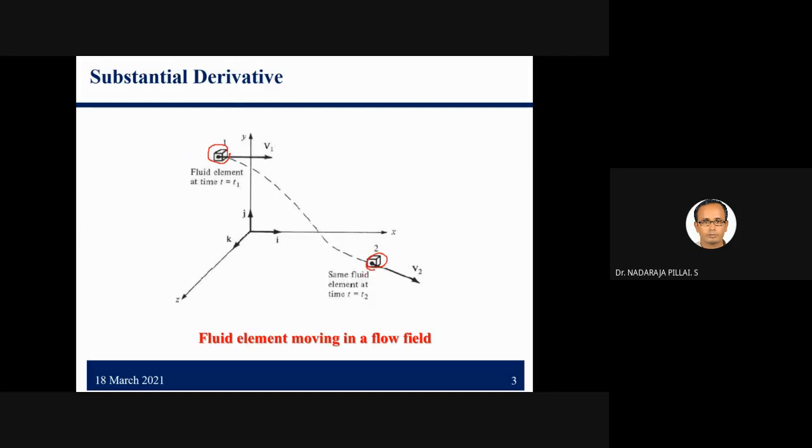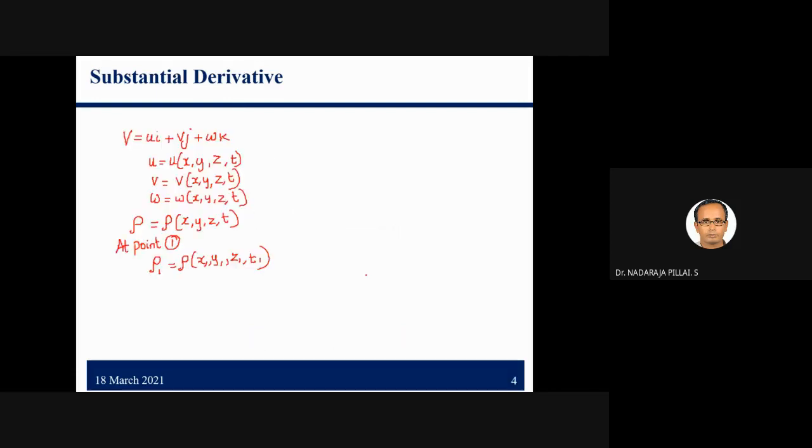So at a new time t2, we can define rho 2, which is equal to rho of x2, y2, z2, t2. So this is the change in density at times t1 and t2.